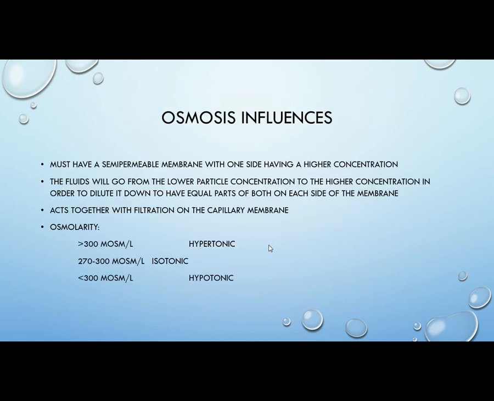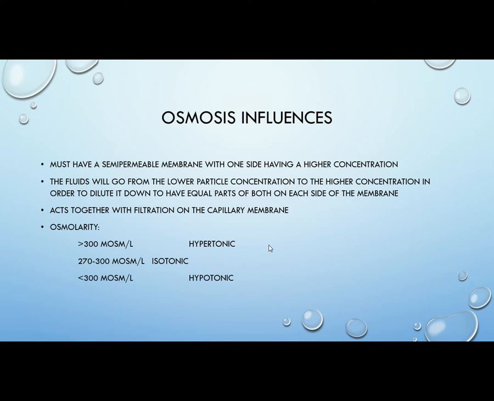Now let's look at osmosis. Okay, in osmosis you're going to have a semi-permeable membrane, with one side having a higher concentration than the other. The fluids are going to go from the lower particle concentration to the higher, in order to dilute it down to have equal parts of both on each side of the membrane.